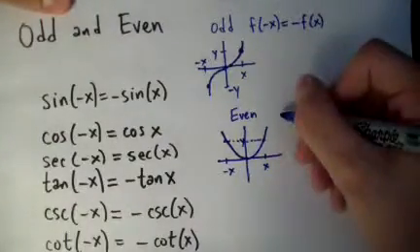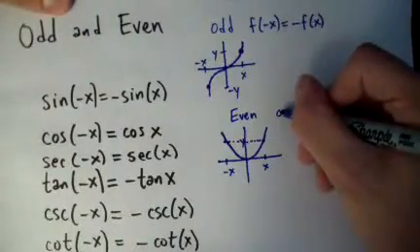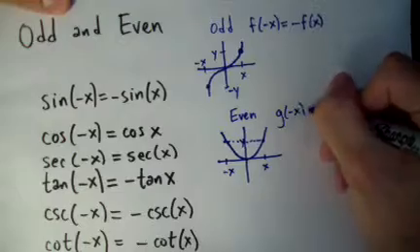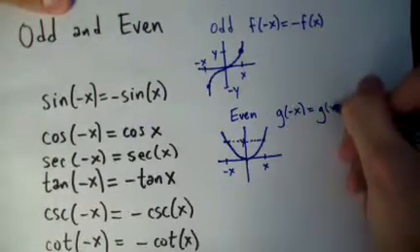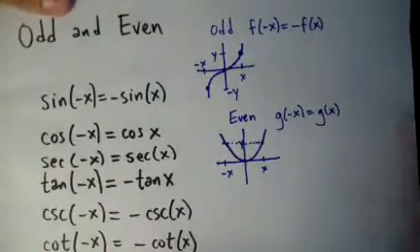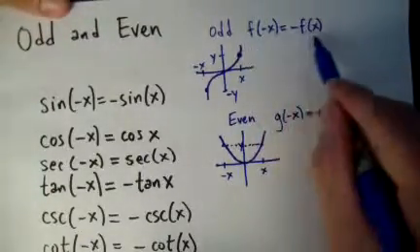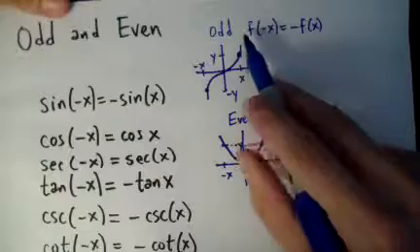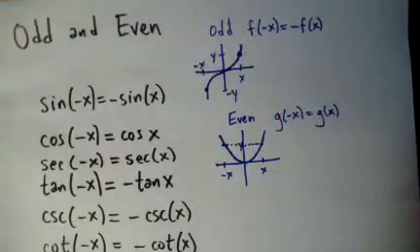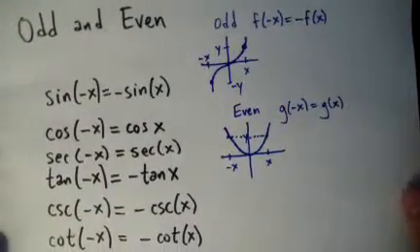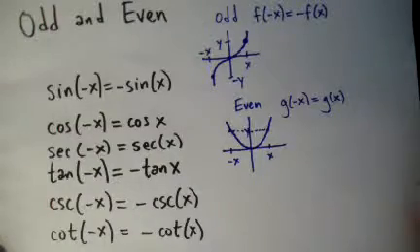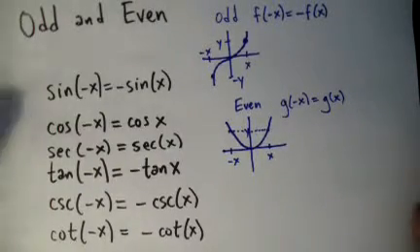And so symbolically that's also often written as g of minus x is equal to g of x. So if this is true for all x, then g is even, and if this is true for all x, then f is odd. So let's look at our trig functions and look at the properties that they have, and we'll see which ones are even and odd.